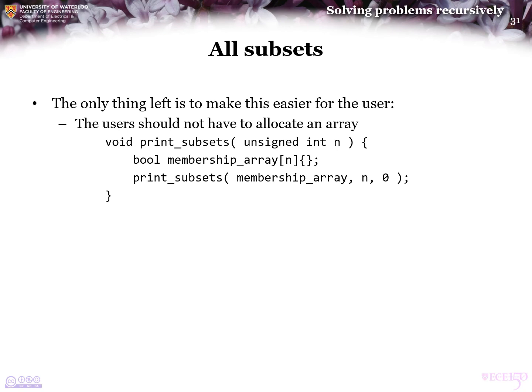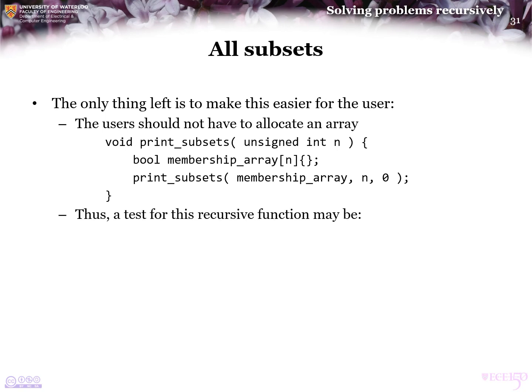However, inside this function now, we will create a local array of capacity n of Boolean values, and then we will call print subsets, but now with that array as the first argument, its capacity n as the second argument, and the current index being 0. This will then proceed to print all of the subsets of the integers 1 through n.